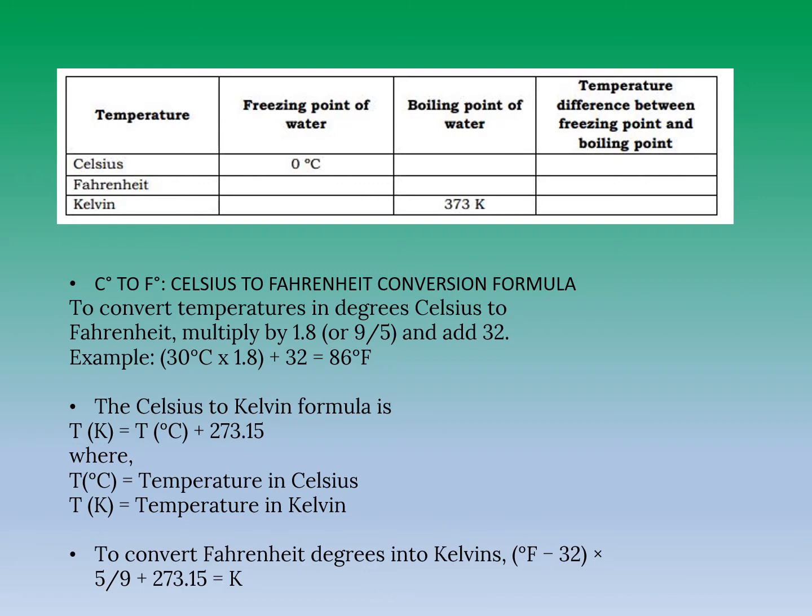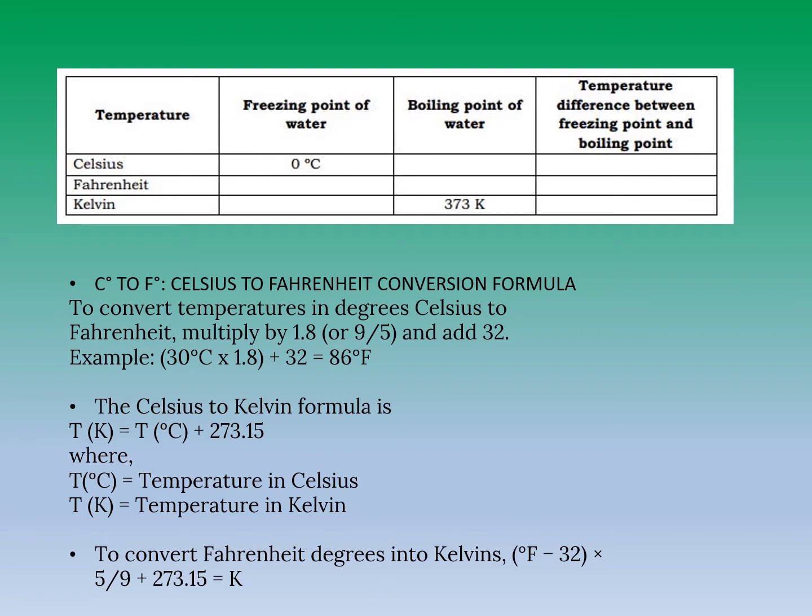The Celsius to Kelvin formula is K equals the temperature in degrees Celsius plus 273.15, wherein T is the temperature in degrees Celsius and K is the temperature in Kelvin.